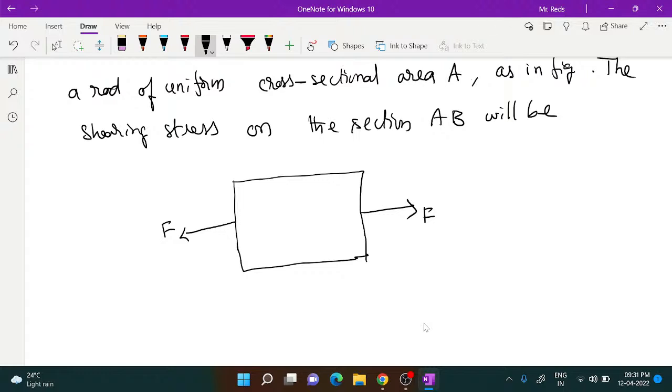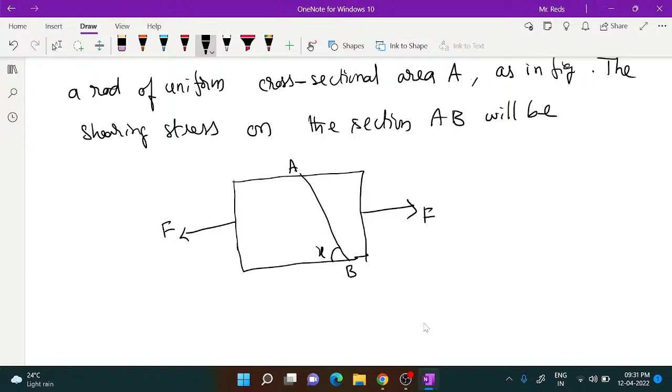There is a section AB, and it makes an angle x with this side. You can take it as theta also, since different books use theta as well.